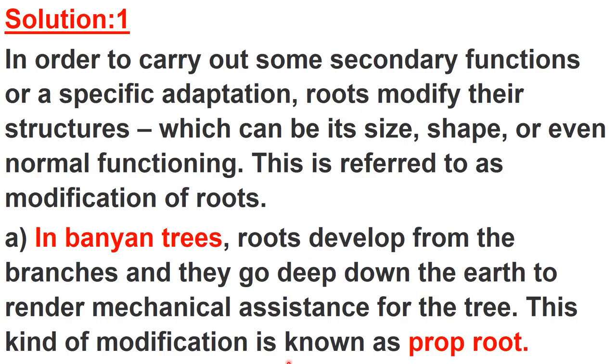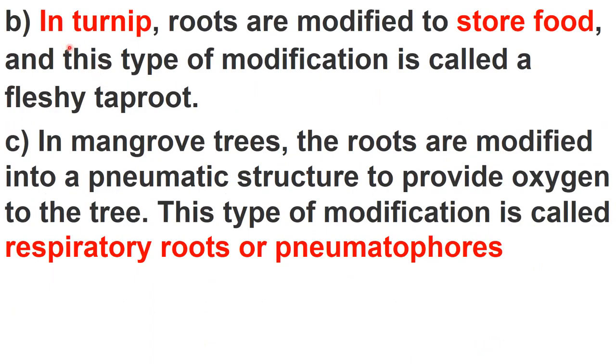Such modified roots are called prop roots. In case of turnip, roots are modified to store food, and this type of modification is called a fleshy taproot, right? In case of turnip, roots are called fleshy taproots, and these roots store food.